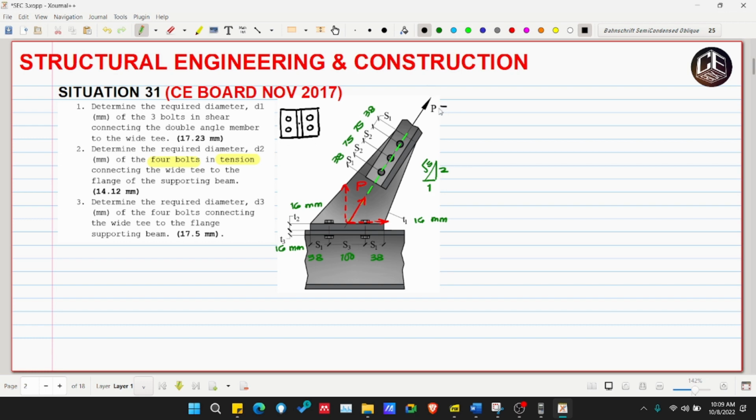So, ilagay natin dito, ang ating P ngayon ay buo na 210 kN. So, sabihin natin ito ay PY, ito naman is PX. So, for number 2, ang ating PY is equivalent to P na 210 multiplied by, ang partner ni PY is yung 2.